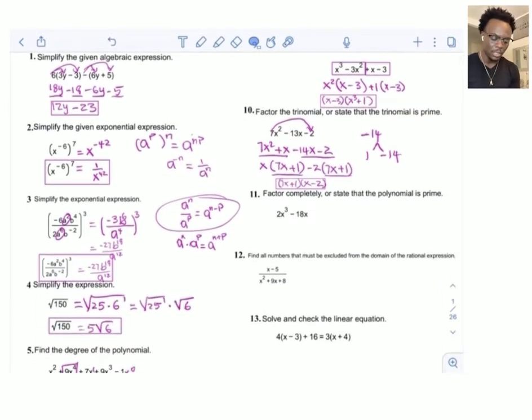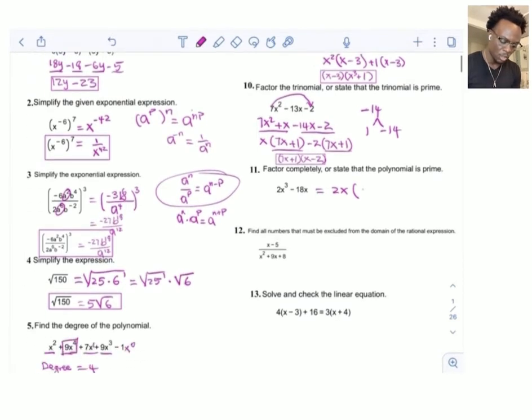Number 11, since they have two terms, we need to look for GCF first and then see whether we can have a special product. So first, let's find the GCF. The GCF is 2x. So when we pull 2x out, it's going to be x squared minus 9. 9 is 3 squared.